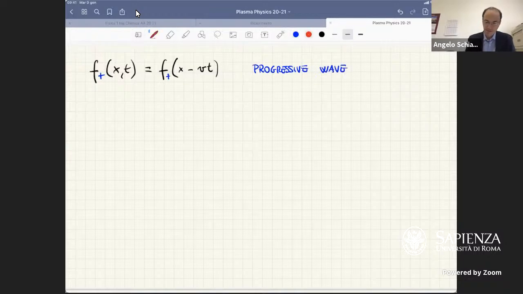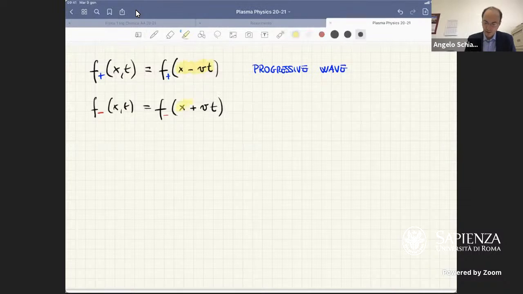The other solution, to the other operator f minus, is the regressive wave. It is any one-dimensional function which has as its argument the sum x plus vt.